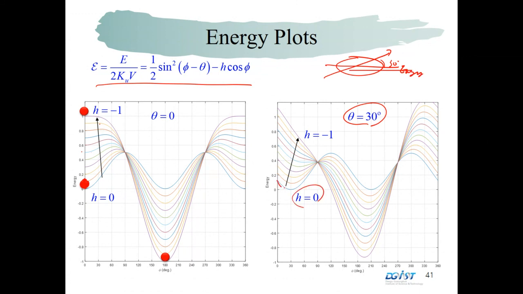When H is 0, the energy is here, and as you see, there is some shift of this curve when H is 0. But when we decrease the H value, the energy profile is something like this.